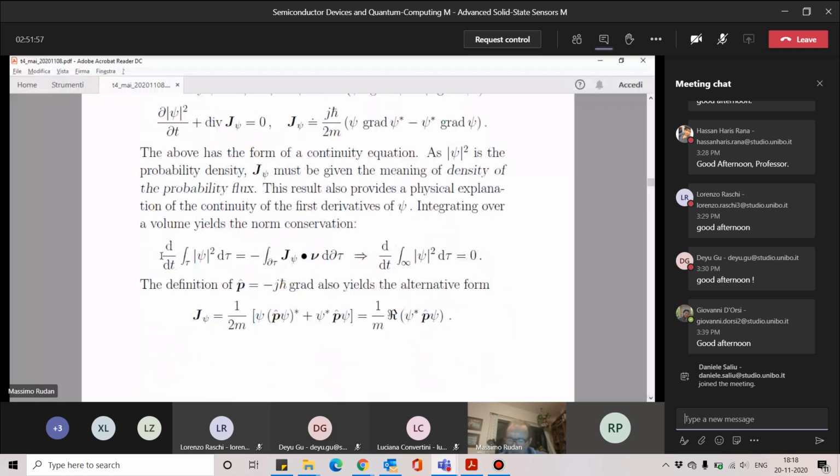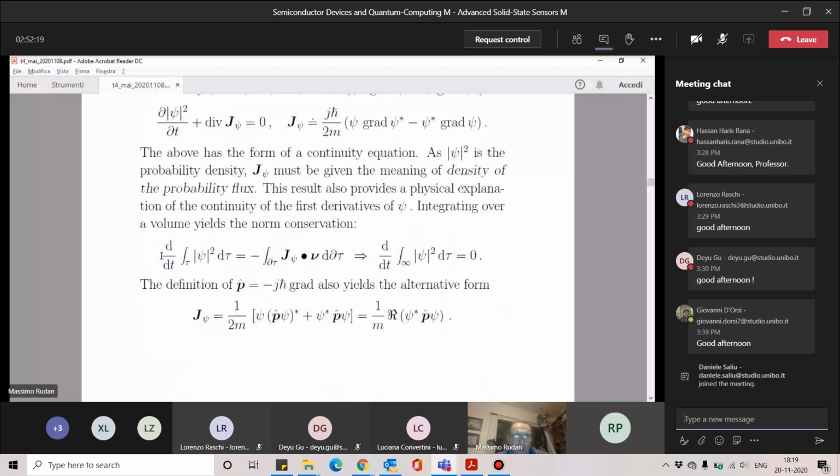It is one of the initial pieces of information that we obtained from the Born interpretation, okay? So the left-hand side is the change with respect to time of the probability to find the particle inside the volume.